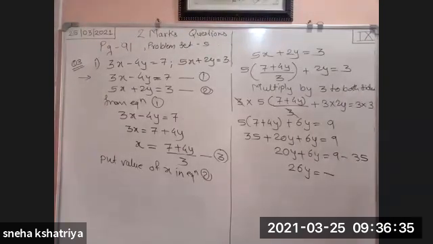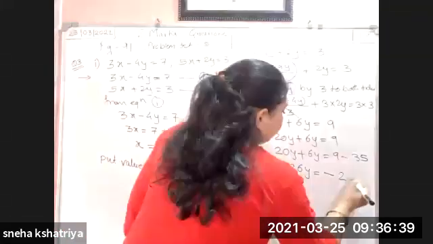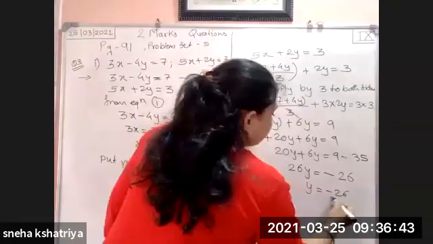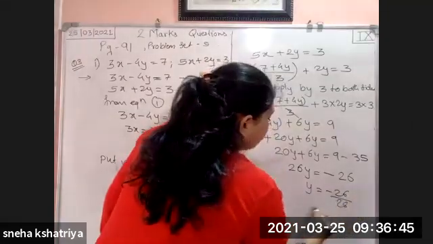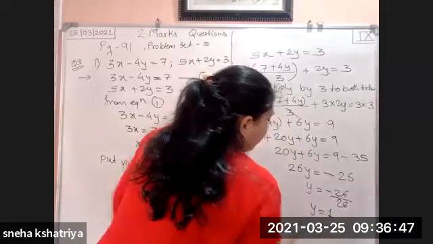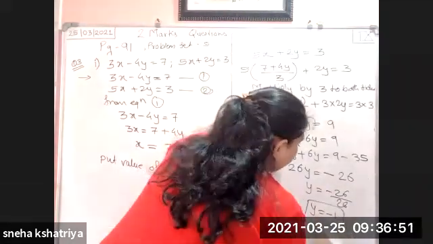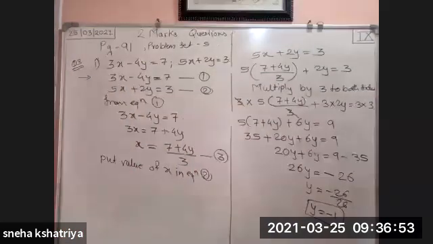Now do the subtraction, 35 minus 9, and it is 26. So we get y is equal to minus 26 divided by 26. 26 cancel, y is equal to minus 1. The value of y is equal to minus 1.